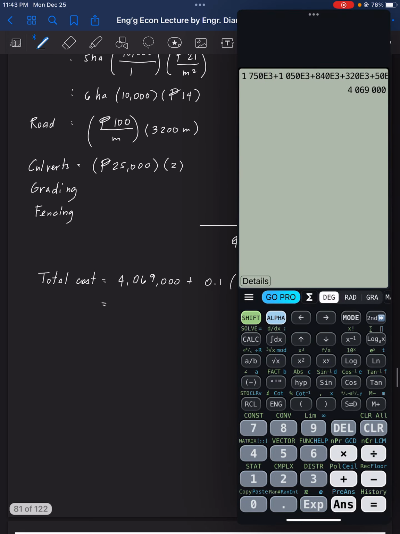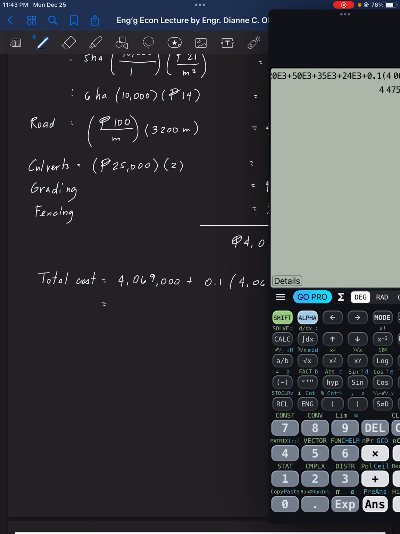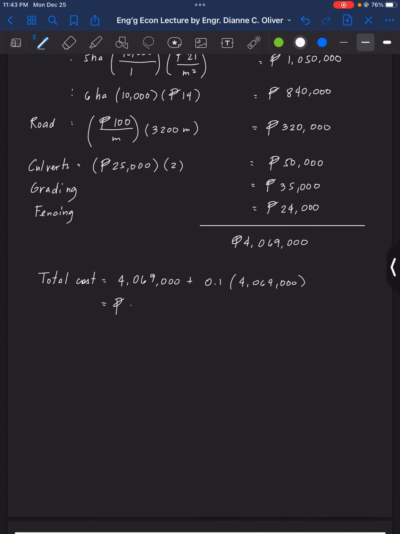So that is equal to 4,475,900. So 4,475,900. So that's for the second site.